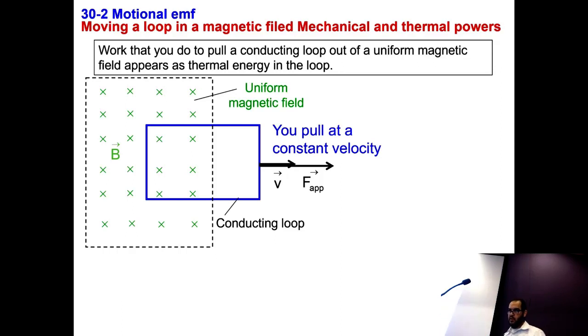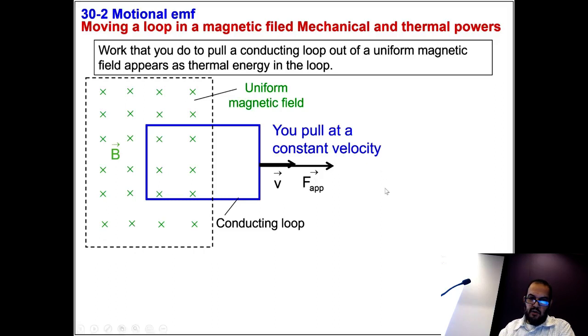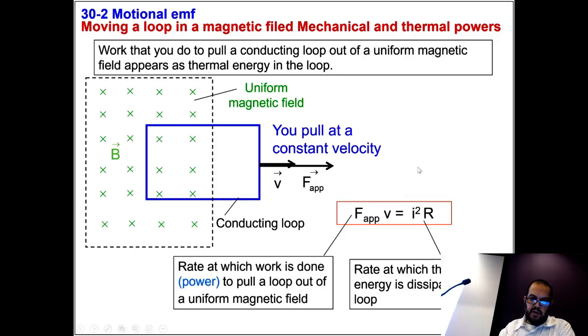Remember, from physics 121, if you are pulling with a certain force F and a certain velocity v, we can get the power. So this is what we're going to prove: the applied power, by pulling at a constant force and constant velocity.